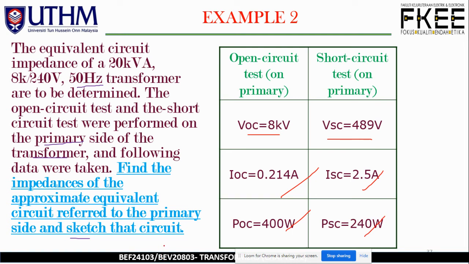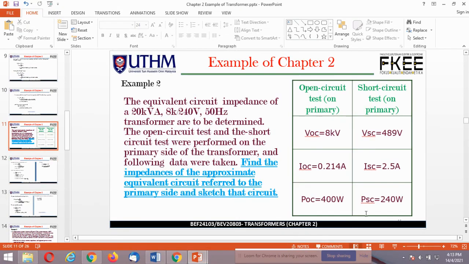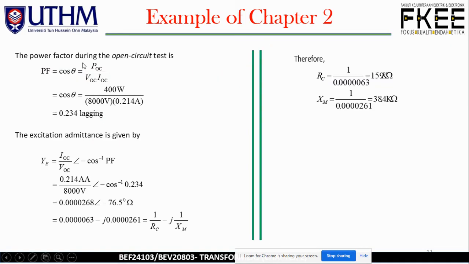So let me go to the slide of the example answer. Okay. The power factor during the open circuit, just refer to the previous equation. We have power factor cos theta equals POC over VOC times IOC.